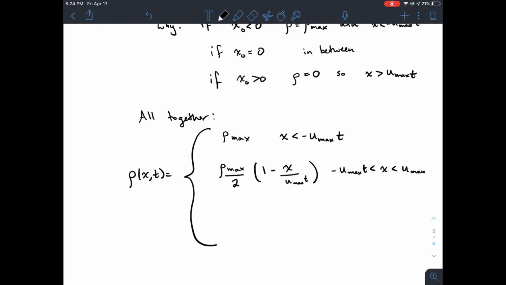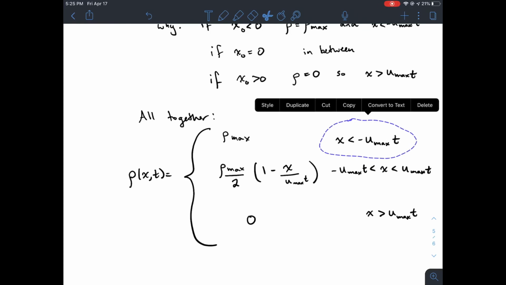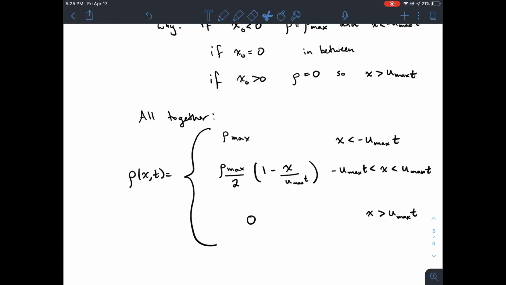But for the driver to be able to move his car forward. So the information that the red light has turned green propagates backwards at the rate of minus u max. You have to, because we're assuming that the car will start moving at the rate u max, right? But you still have to wait until all the cars before you move, right? So there's that information propagation. So you have that sort of expansion wave.